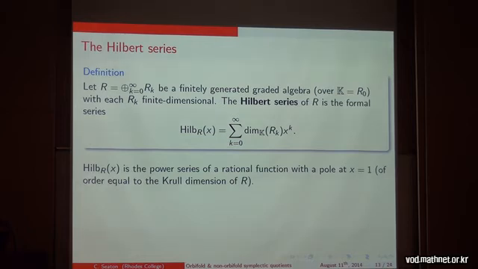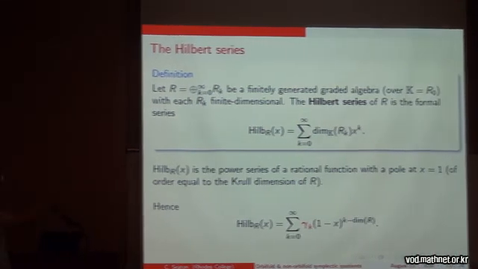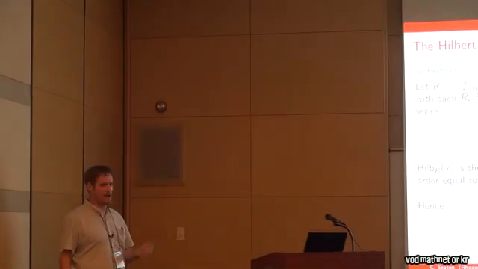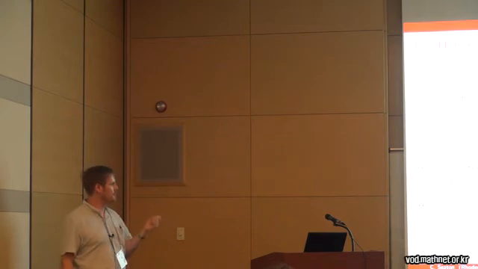In particular, if you look at the Laurent expansion at x equals 1, you get a Laurent expansion that looks like this. Again, the Krull dimension shows you the pole order. And the coefficients gamma k of this Laurent expansion contain a lot of information about the geometry associated to the algebra.